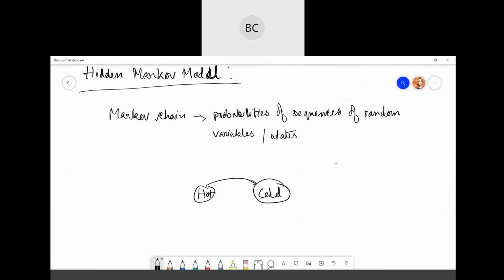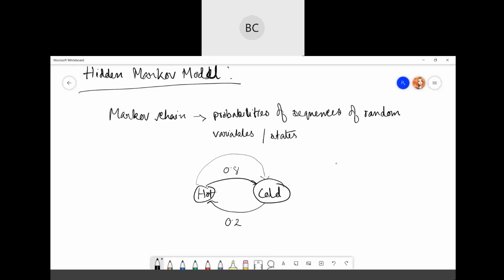There is a chance that it is hot before and later it is going to be cold, so there is a 0.8 chance. Then again, from cold it might later get hot again, so there is a 0.2 chance. Then again from hot to cold it might change again.